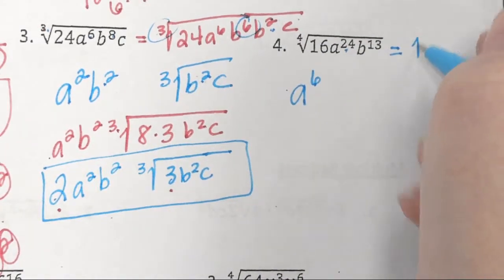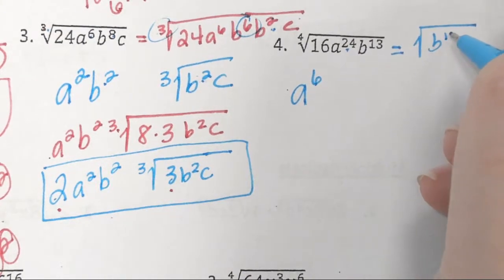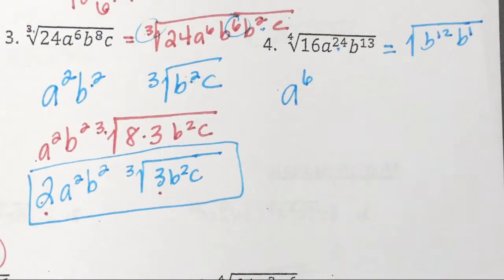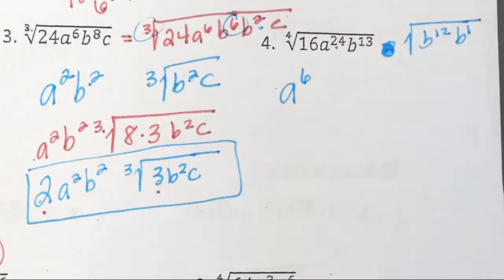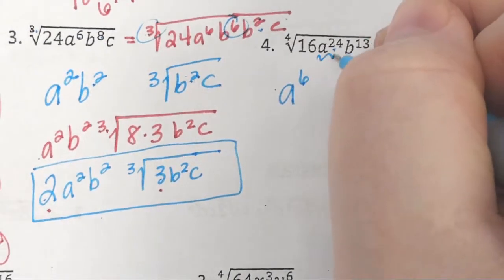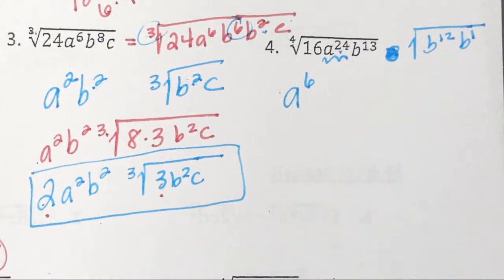Yes. So I'm going to break down the b to the 13 as b to the 12, b to the 1. So we dealt with the a. A's done. Trying to deal with the b. Bless its heart.